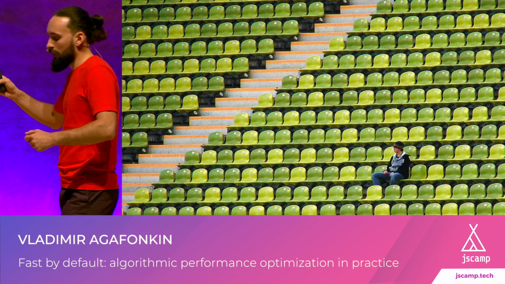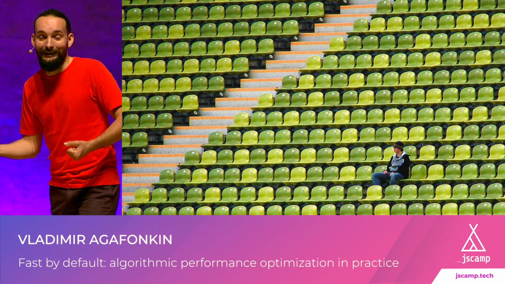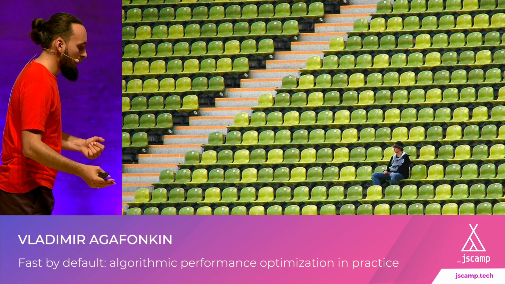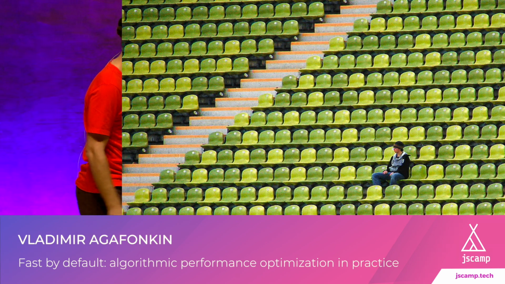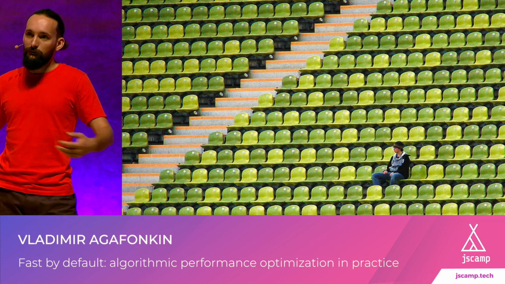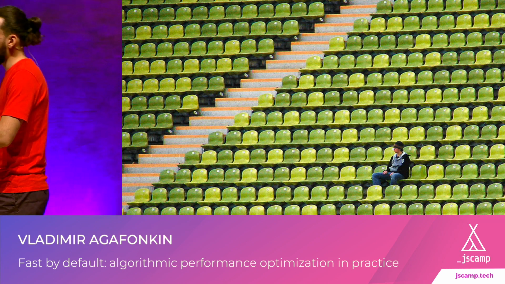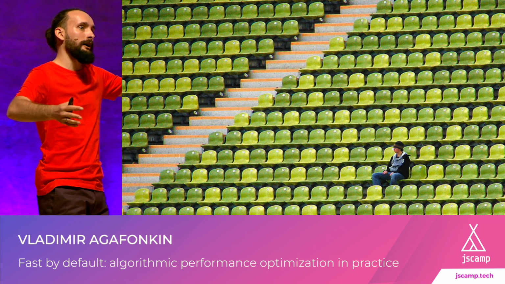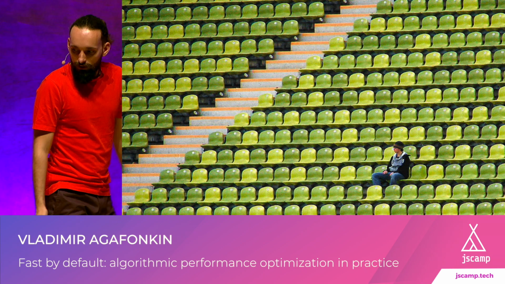And so far I talked about computational complexity, but there's also a whole different aspect to performance, which is memory complexity. And in terms of avoiding unnecessary work, optimizing memory complexity means making sure that we don't allocate more memory than we actually need for our program.